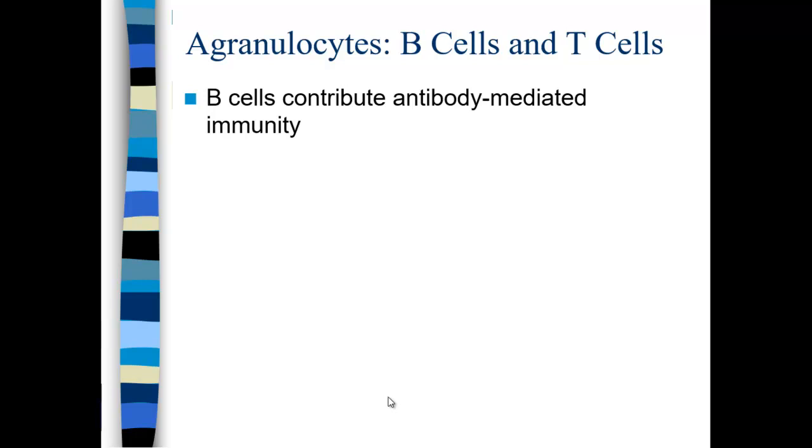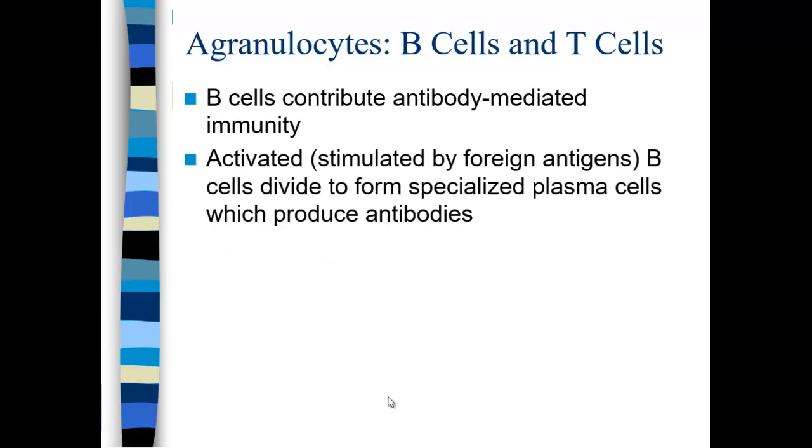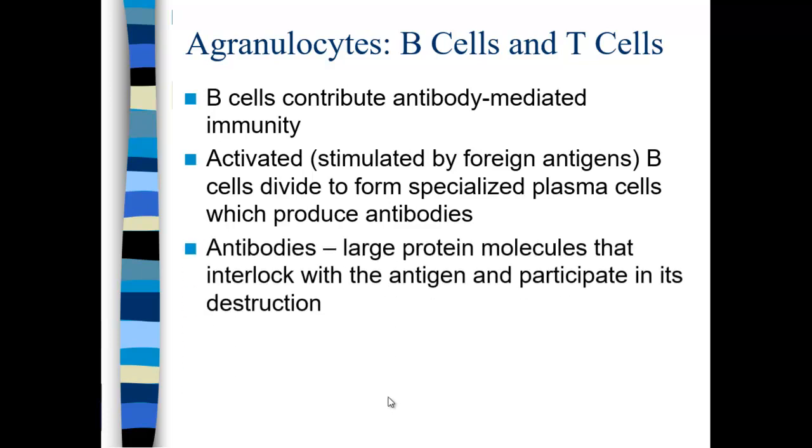B cells contribute to antibody-mediated immunity. They're activated by foreign antigens, and they divide and form specialized types of cells called plasma cells, which each produce a different type of antibody.